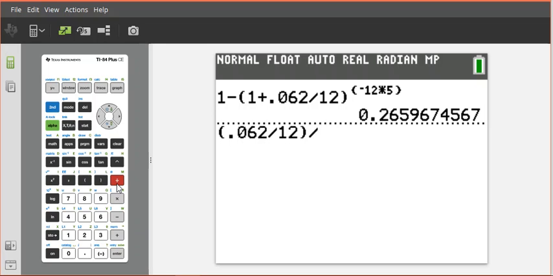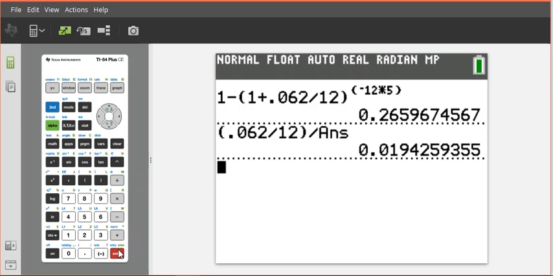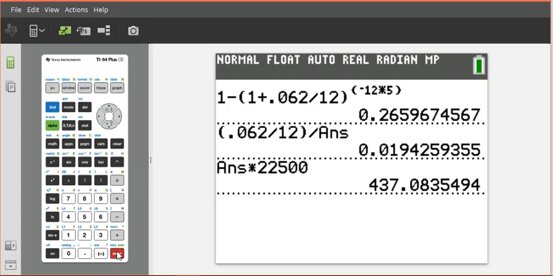You need to carry all the digits, so either enter everything in again or call up the second negative function to call up the previous answer. This is going to give me the quantity that is in brackets. And then we need to multiply this by the number on the outside, which is $22,500. And out comes your monthly payment for the rebate option. So this is going to be dollars and cents, so we need to round this to the nearest cent.